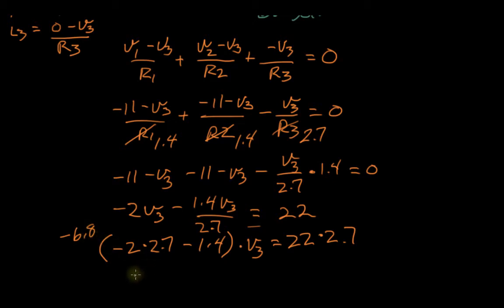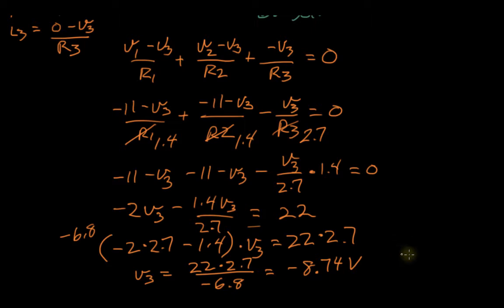And so V3 equals 22 times 2.7 divided by negative 6.8. And if my calculator is right, that comes out to minus 8.74 volts. V3 is minus 8.74 volts.